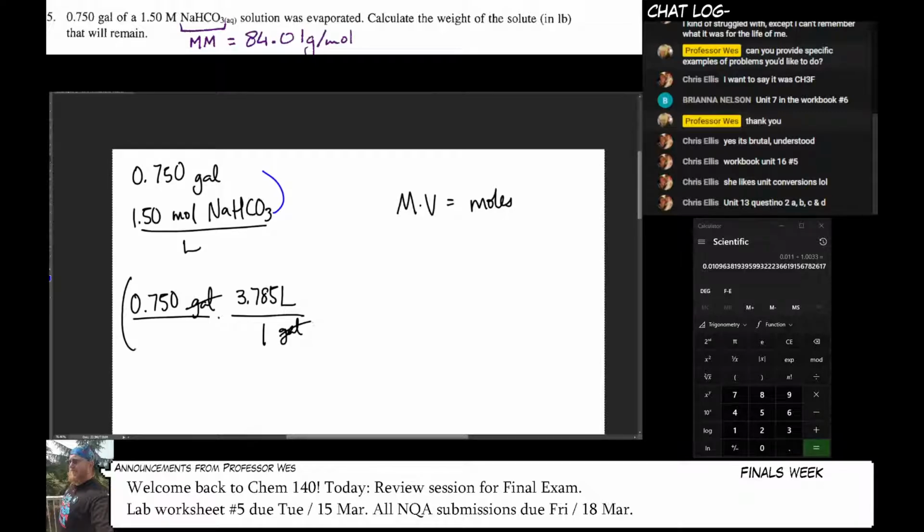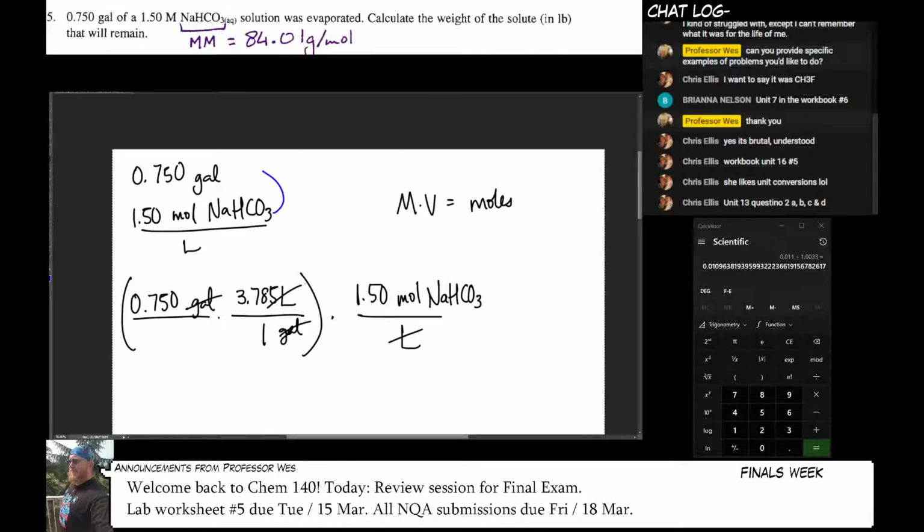So we'd all agree that what is in this parentheses, that's the amount of gallons. So I don't have to actually hit enter on that calculation. So then what I'm going to do is I'm going to then multiply by the molarity.